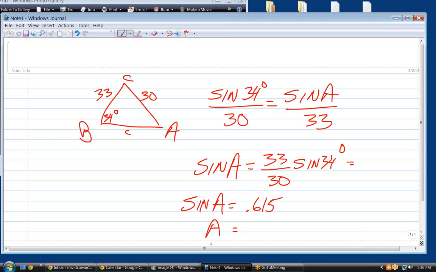Do you take the inverse? In other words, basically right, what I'm going to do is take the inverse of both sides, and that'll leave A alone on the left.